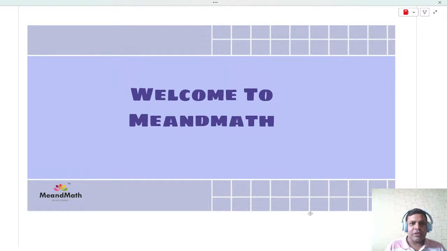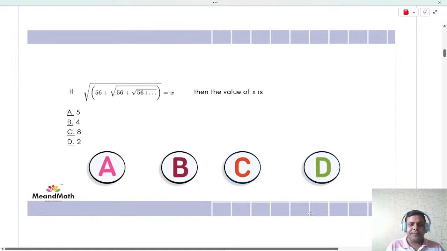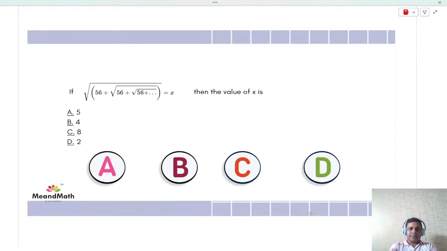So quickly, let's take the first question of the session. The first question also belongs to square and square root. In this session, we are working with squares and square roots. Before starting the questions, I hope you are all aware of the squares till 25 and cubes till 15.